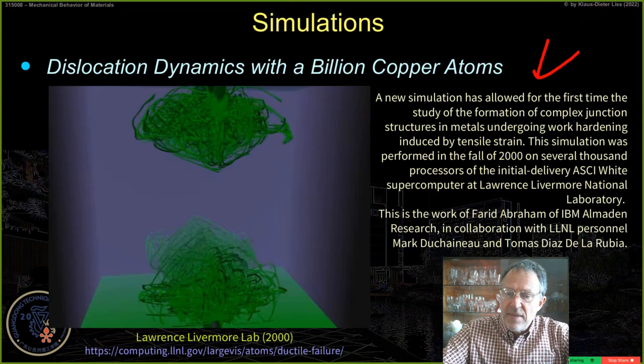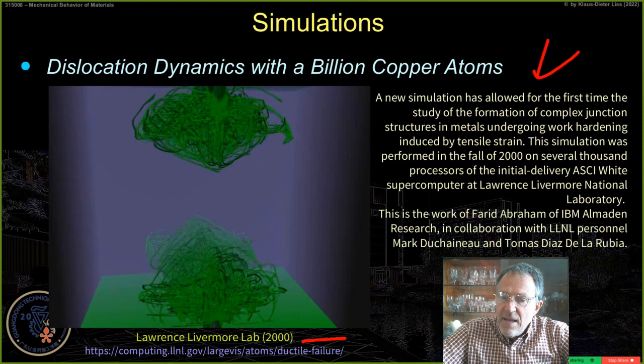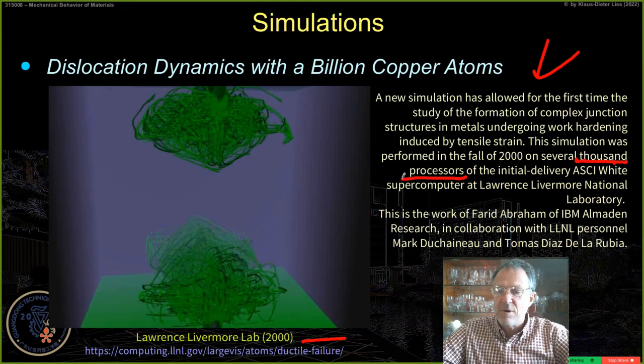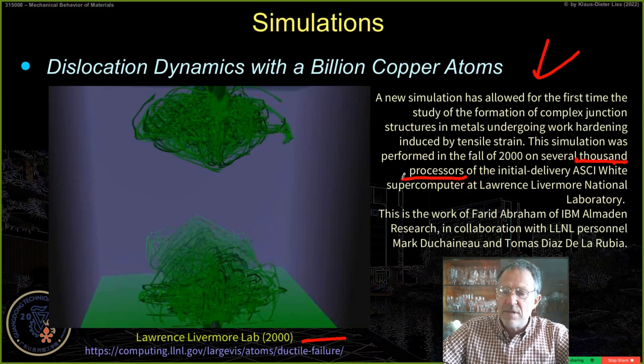So what do they write here? At the Lawrence Livermore Lab, a new simulation has allowed for the first time the study of formation of complex junction structures in metals undergoing work hardening induced by tensile strain. This simulation was performed in the fall of 2000 on several thousand processors of the initial delivery ASCI White supercomputer at the Lawrence Livermore National Lab.